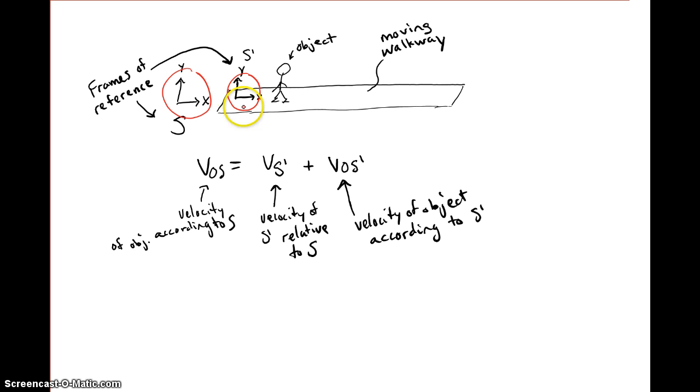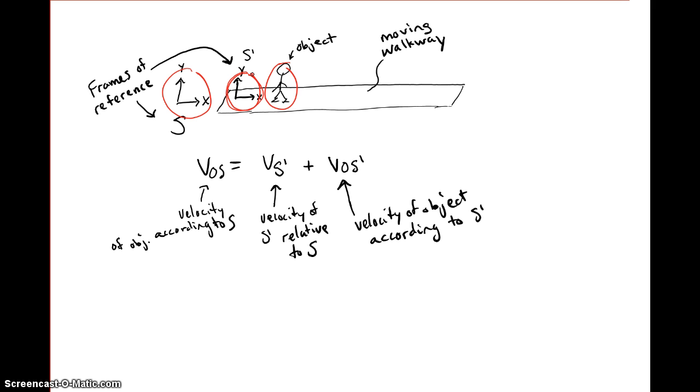We're going to call that Vs prime. So velocity of S prime relative to frame S, plus the velocity of the object according to S prime. So how far is this moving away from this every second?